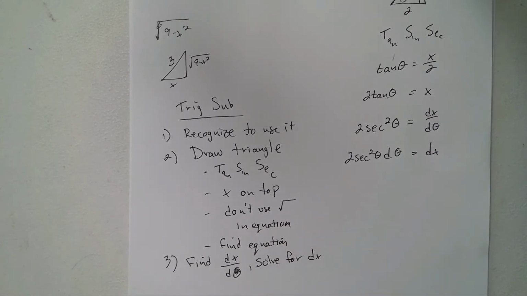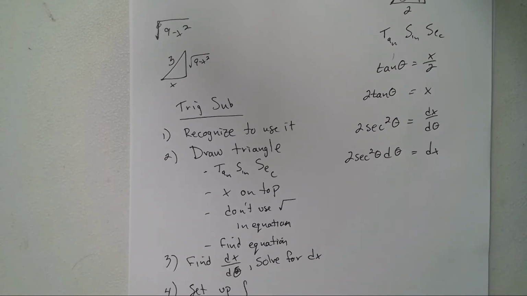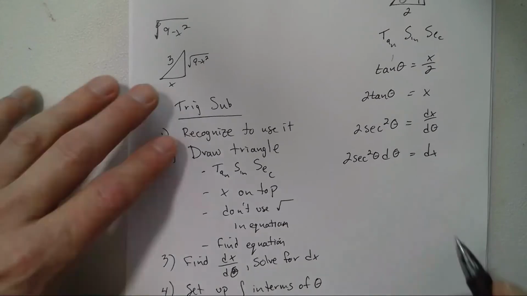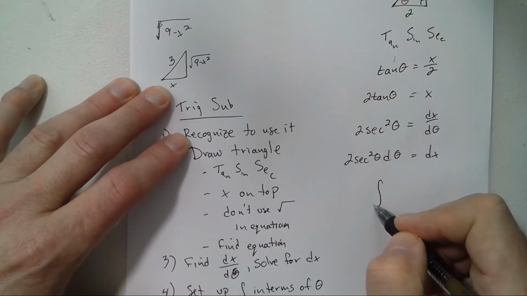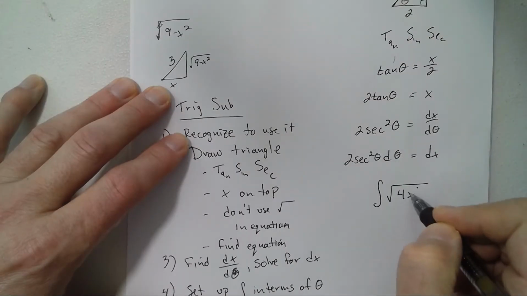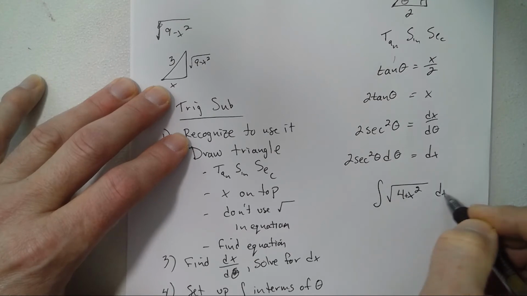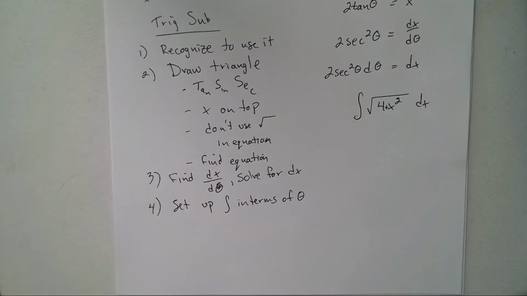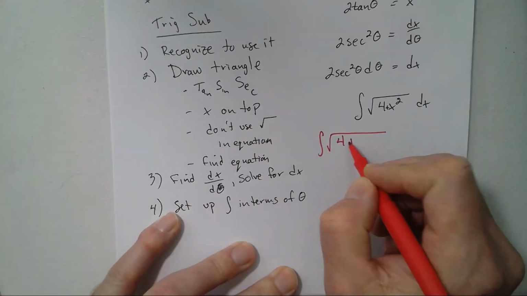Okay, so now set up the integral in terms of theta. Our integral was the square root of 4 plus x squared dx. So now we have the integral of the square root of 4 plus whatever x is.